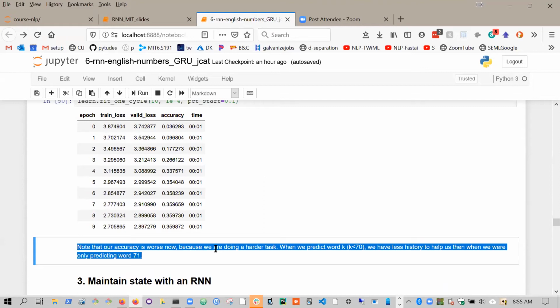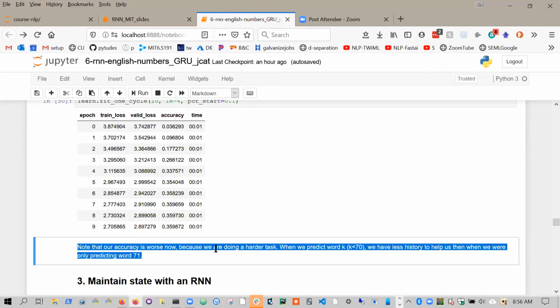So in the very first model, he's only predicting the 71st token by using all 70 tokens that preceded it. Therefore, he has a lot more data to predict the 71st token.